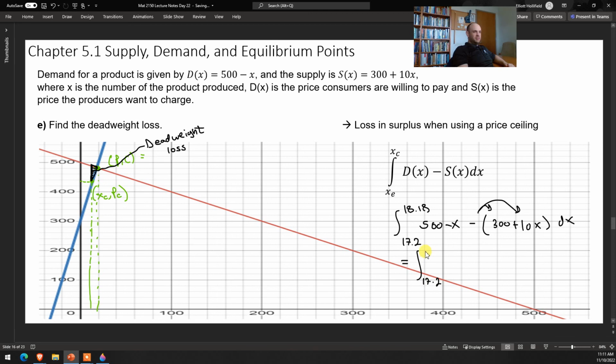So now simplifying, 500 minus 300 or 200, and minus x minus 10x or minus 11x.